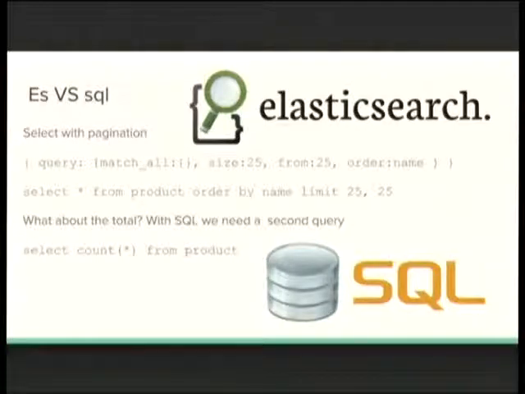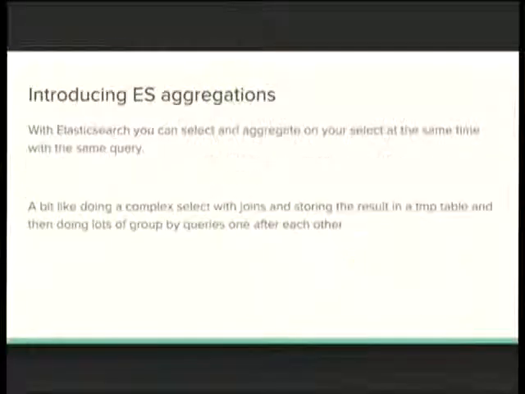But where I found that Elasticsearch is really shining is, by default, even with Django, if you want just to have the total number of results of your search, it's going to do a count star, because there is no way to count your documents without doing a second query in SQL. You cannot retrieve 10 documents and count everything at the same time.